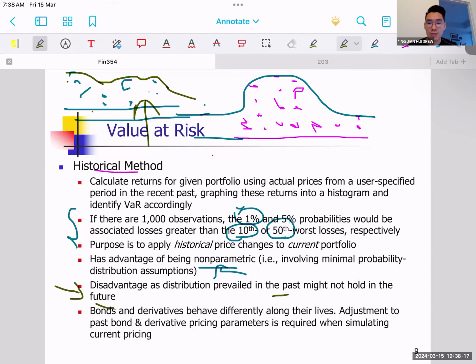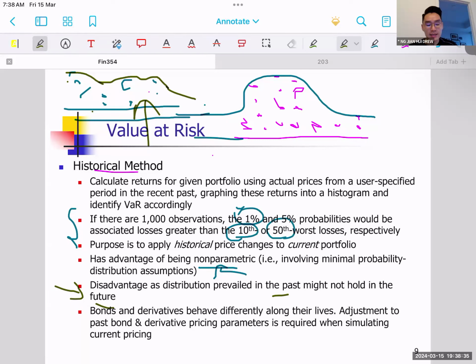However, stocks are doing so well, right? Normally that's not the case. So in this aspect, the history might not actually prevail in the present. Historical data might not be true. And this is one of the largest criticisms of the historical method.